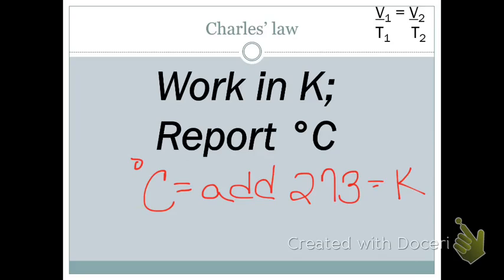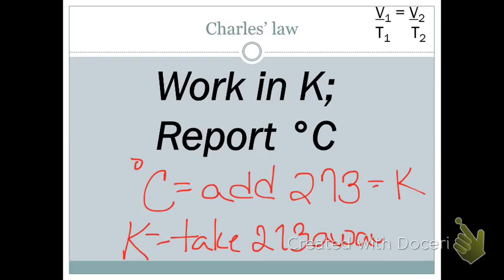Once you finish with the problem, if I'm asking you for temperature and your answer is in K, then you take 273 away. And that will bring you back to degrees Celsius. Again, notice that Celsius has a degree, Kelvin does not.